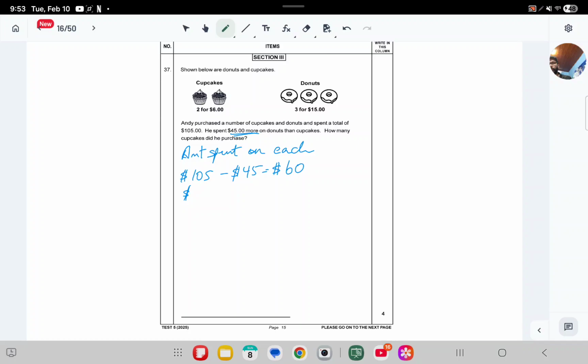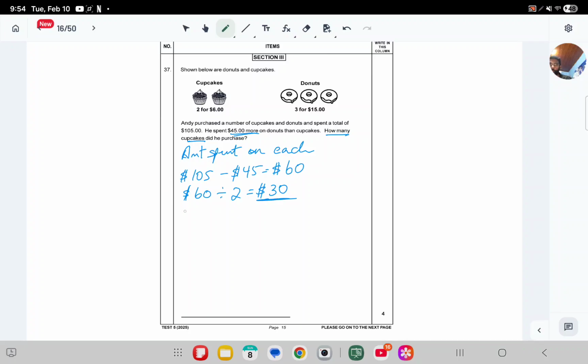From the $60, we share that between two categories, cupcakes and donuts. So you spent $30 on cupcakes, and on donuts you spent more, because it will be $30 plus the $45. However, the question just asks for cupcakes, so you don't even need to find the donuts part. So this here is good enough for the cupcakes.